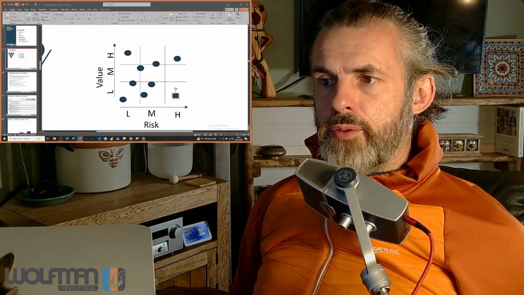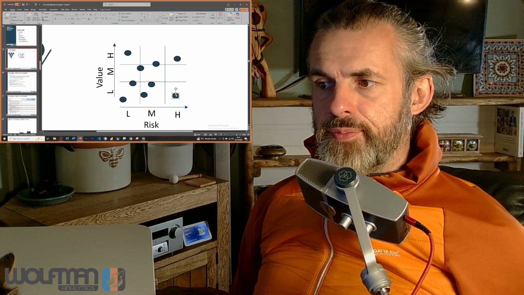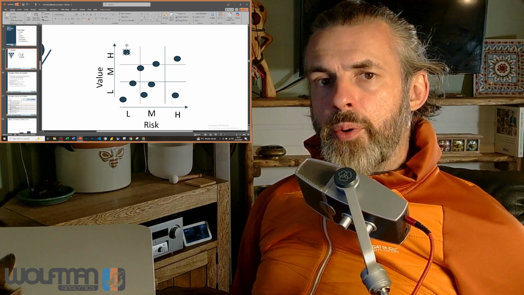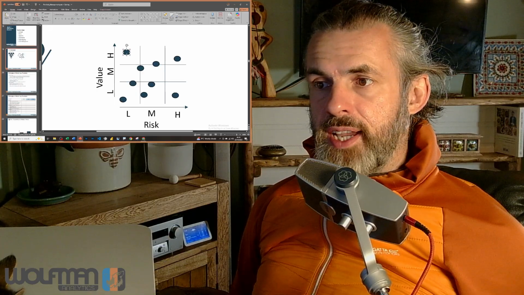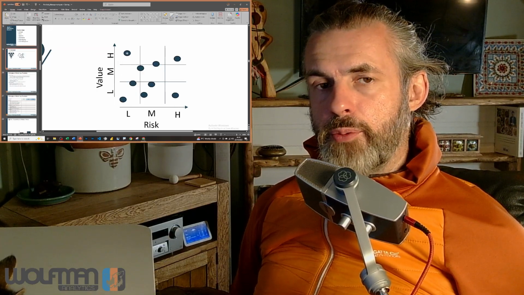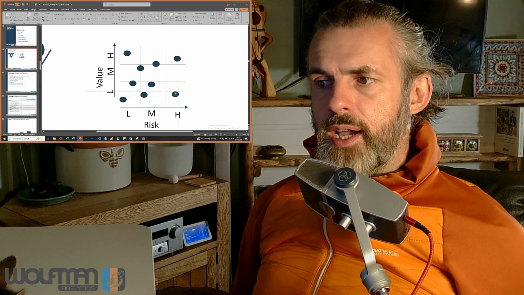So in terms of where it sits relative to each other, we're more likely to investigate this as something we would want to pull into the portfolio as opposed to this.